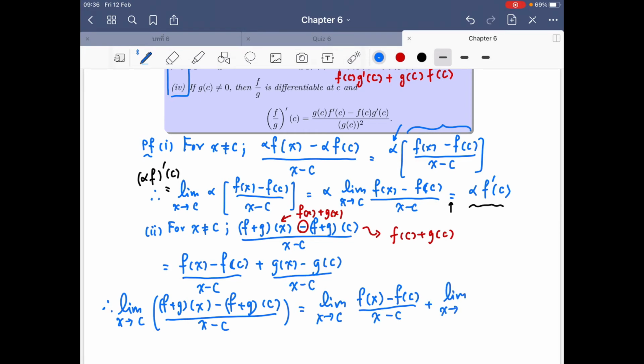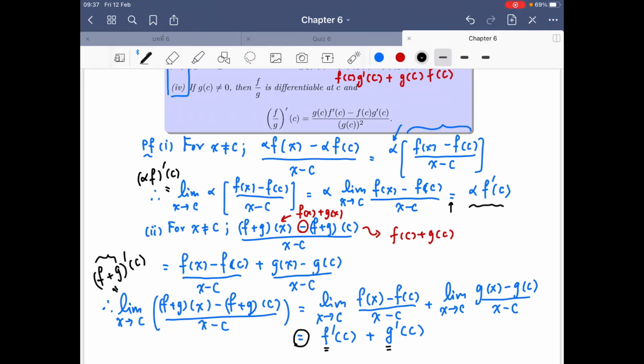So you can just do the separation as we have in the theorem of the limit. On your right hand side, the first one exists and equals f prime at c. The second one also exists and equals g prime at c. But on your left hand side, it is f plus g prime at c. So this function is differentiable, and the value equals the derivative of f and the derivative of g at this particular point, added up.